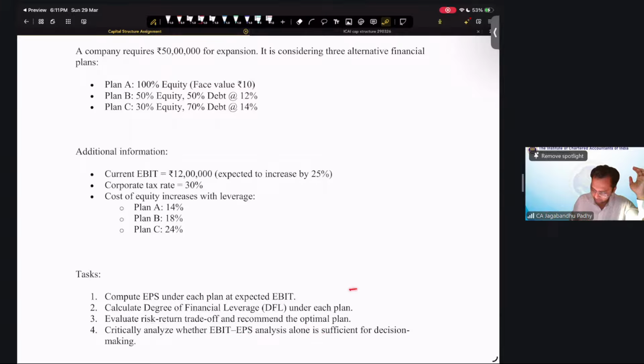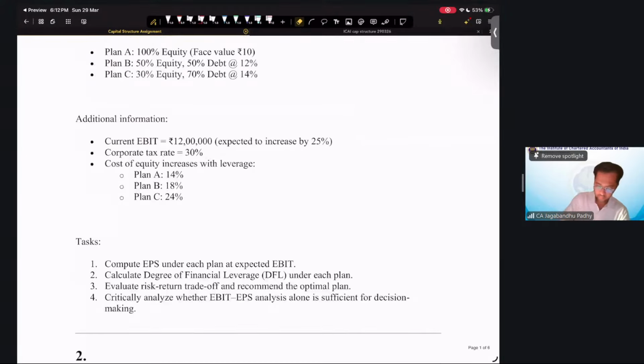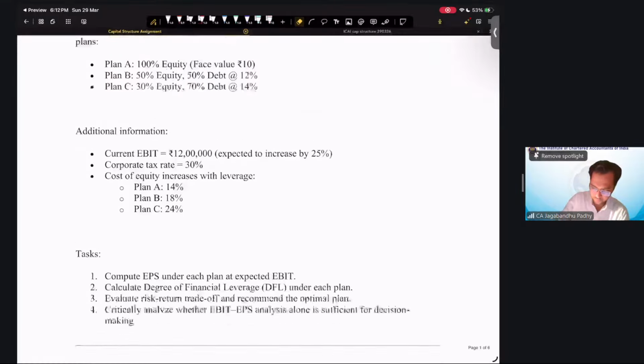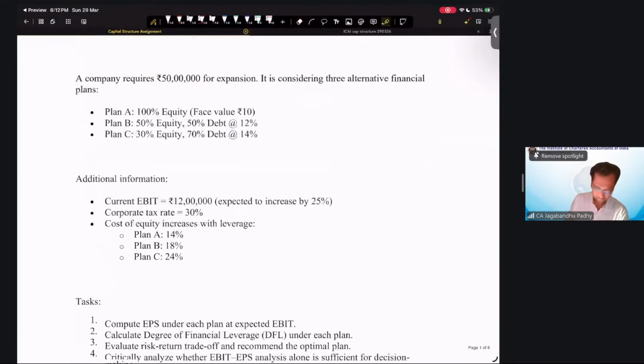That's the second part. But I think the first two parts, can we do them? Can I solve these first two parts, guys? Can you solve the first two parts?